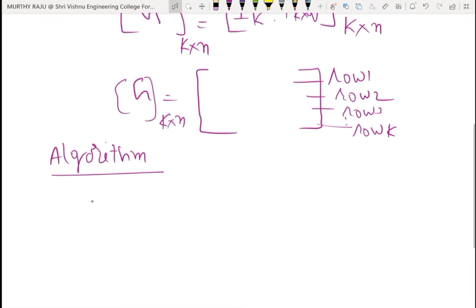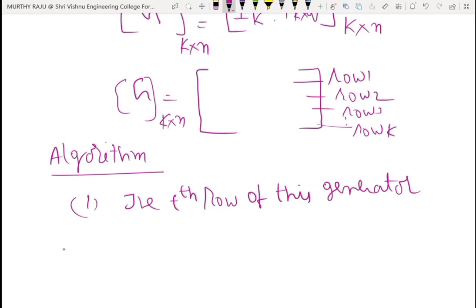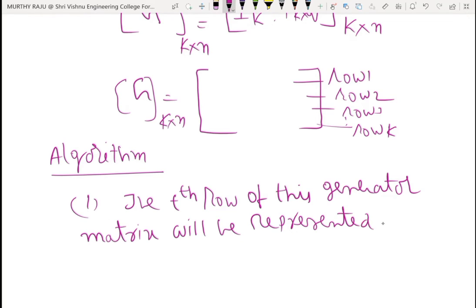First point here is the t-th row of this generator matrix will be represented in the polynomial form.